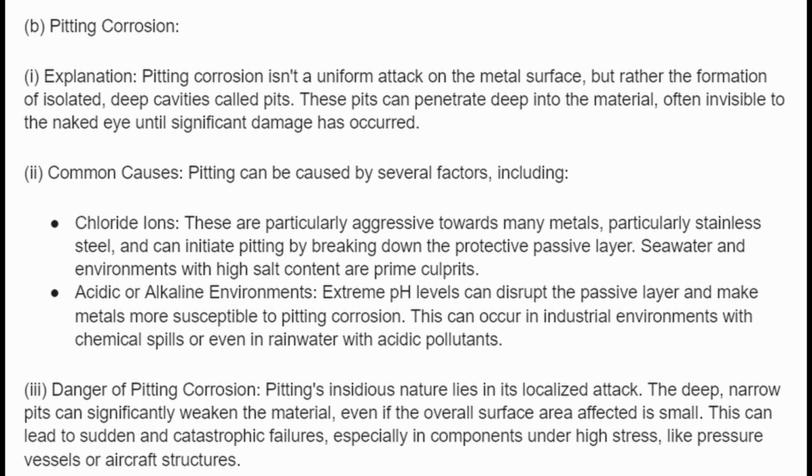Acidic or alkaline environments. Extreme pH levels can destroy the passive layer and make metals more susceptible to pitting corrosion. This can occur in industrial environments with chemical spills or even in rainwater with acidic pollutants.